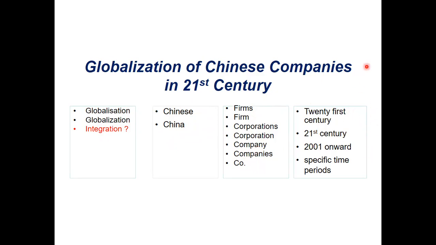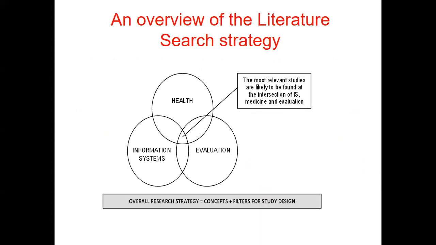Then the wording of 21st century could come in terms of 21st century, or this way, or this way. See, you have to be intuitive and creative so that you are able to capture as widely as possible the kind of literature that you're trying to capture. Now, this will be sort of an example of a search strategy, okay?